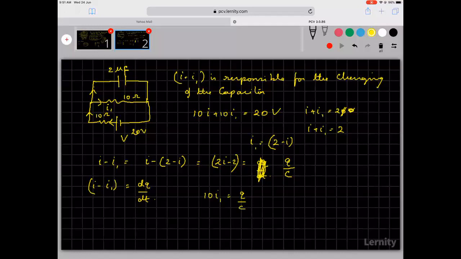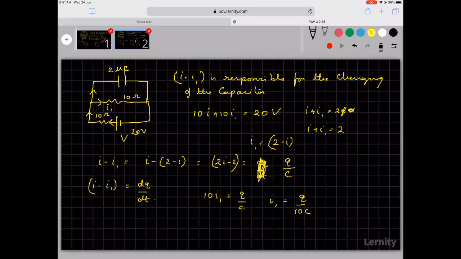But I can't write that as dQ by dt. So I can say that I1 is equal to Q by 10C.